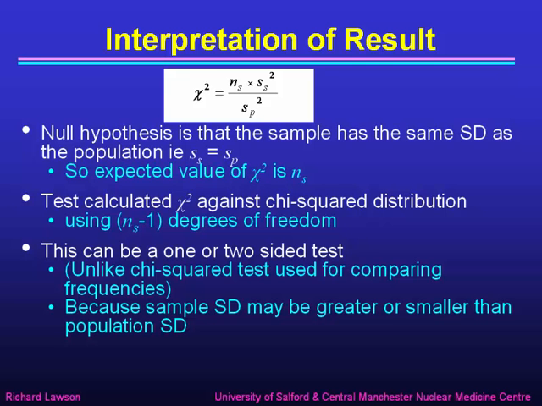But here it can be one-sided or two-sided because the sample standard deviation may be greater than the population standard deviation, or it may be smaller than the population standard deviation. So SS may be greater or smaller than SP. We do have a direction to it.